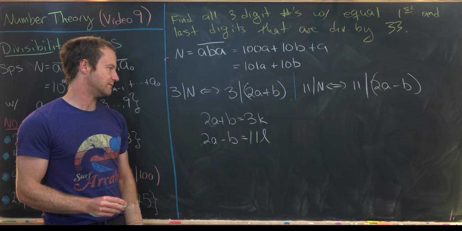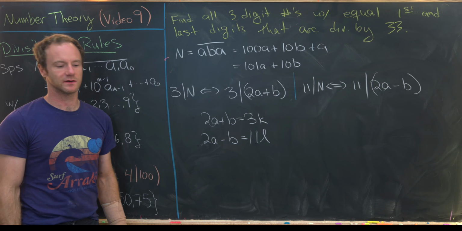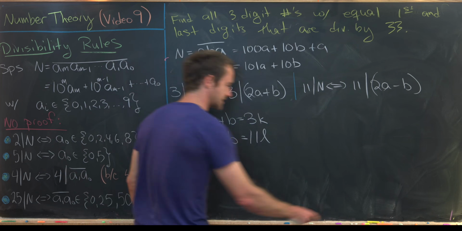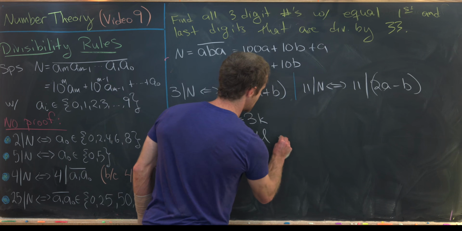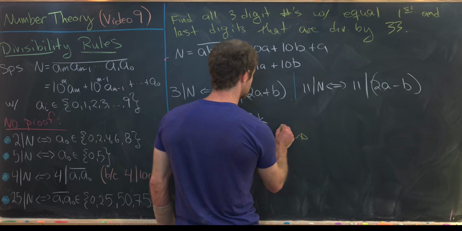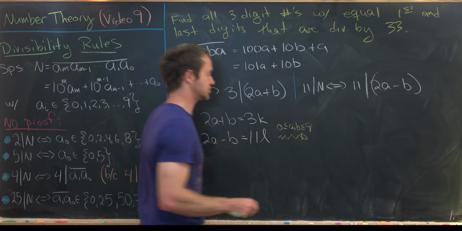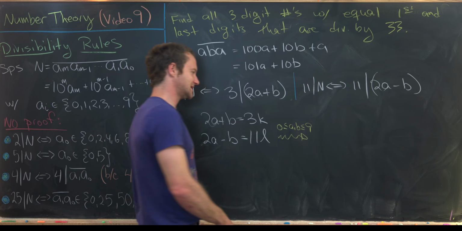Well, that's exactly what it means for this guy to be divisible by 3 and this guy to be divisible by 11. Now we'll use the fact that a and b are between 0 and 9. So let's write that 0 is less than or equal to a and b, which is less than or equal to 9. So what does that tell us?